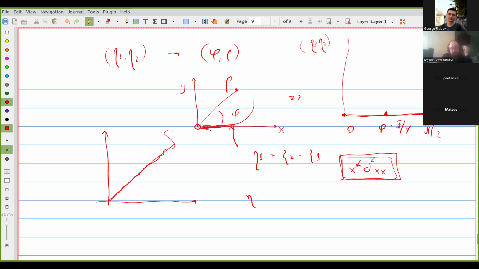This means that eta 1 divided by eta 2 at tau epsilon converges to some c.